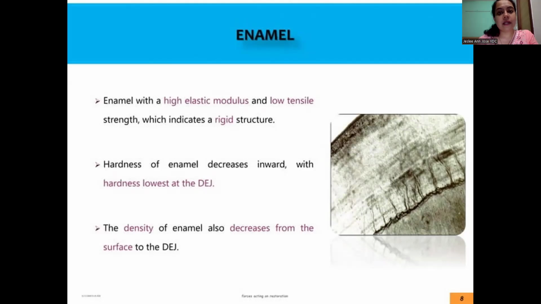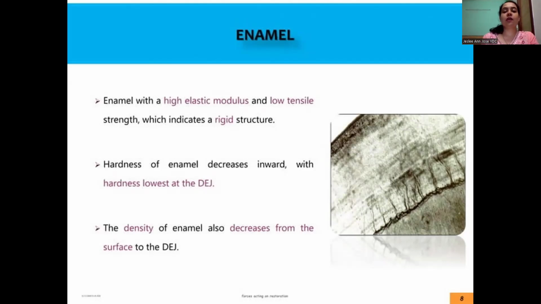Now coming to the hardness of enamel, the surface enamel is harder, and as we go deeper toward the dentino-enamel junction, the hardness decreases. The same is applicable to the density of enamel as well.